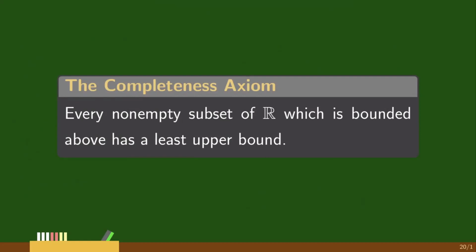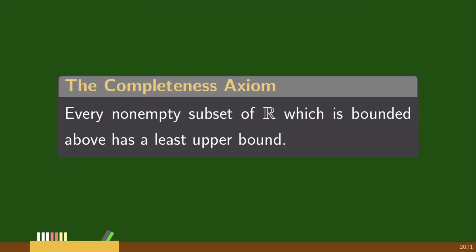Pero tandaan niyo, wala siyang sinasabi kung paano hanapin yung least upper bound. It just guarantees you, para siyang guarantor. Di ba kapag sinabing guarantor, pag nangungutang, siya yung magagarantiya na mababayaran ka kahit mawala yung nangutang sa'yo? Parang ganon, yung completeness axiom is your guarantor. Siya yung magsasabi na, sige, sagot kita, sure na meron yan. Naintindihan nyo?